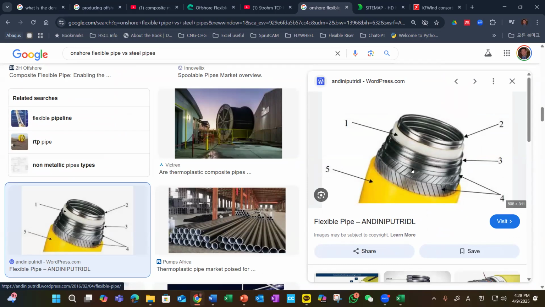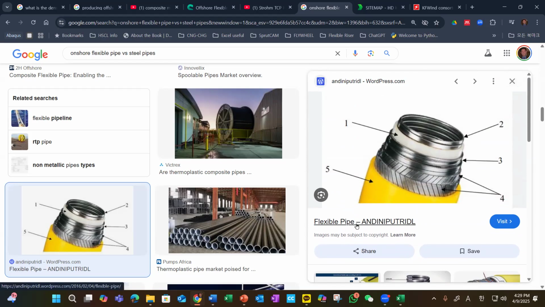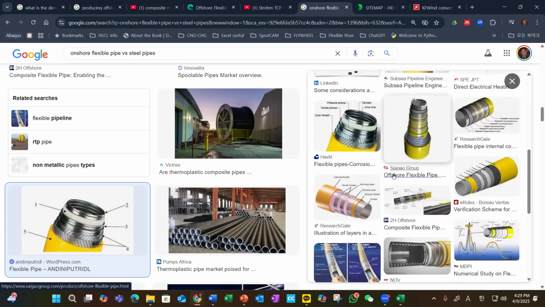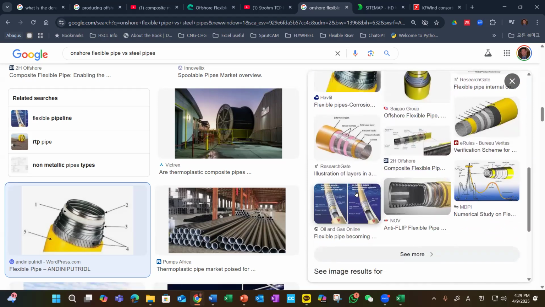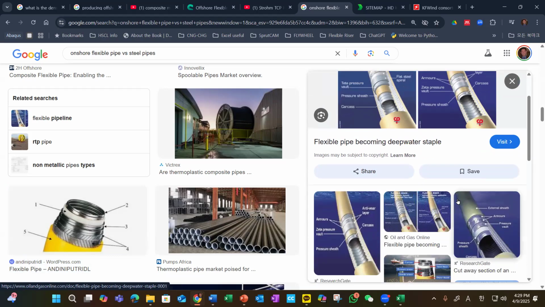But it is also good to understand the flexible pipe, and then a flexible pipe can be used to transport hydrogen gas. To do so, the inside all has to be composite. Anyhow, as you can see, there are lots of different types of flexible pipe, even for deep water, deep meaning as deep as 3,000 meters.